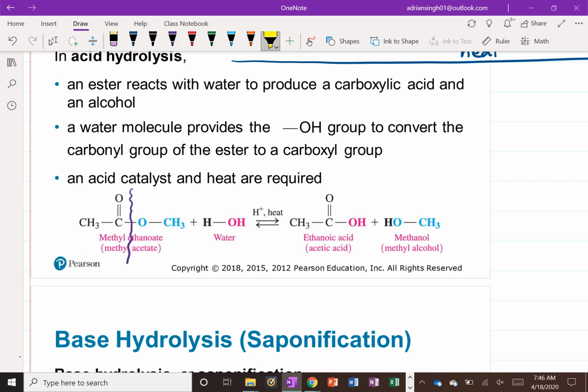There's the ester bond, highlighted in yellow. That tells us which part came from the acid: the carbonyl part, the left side in this case, is from the acid, and the other part is from the alcohol.